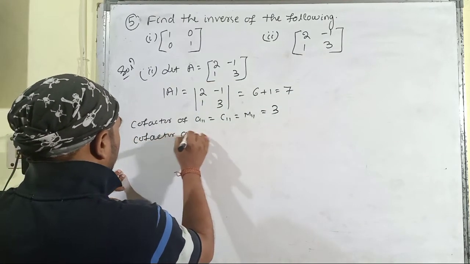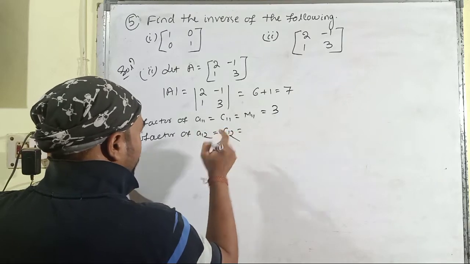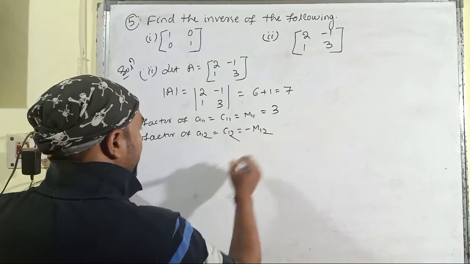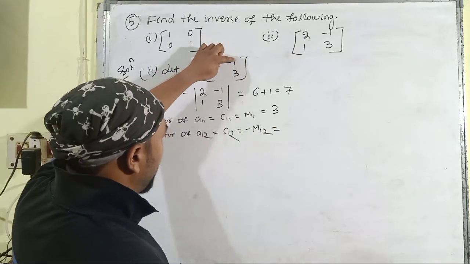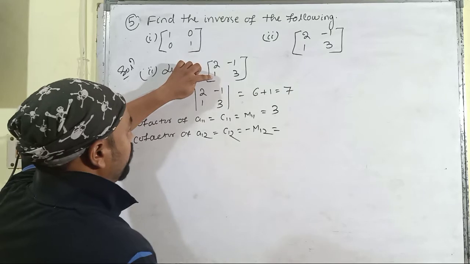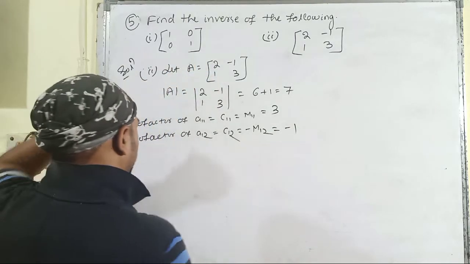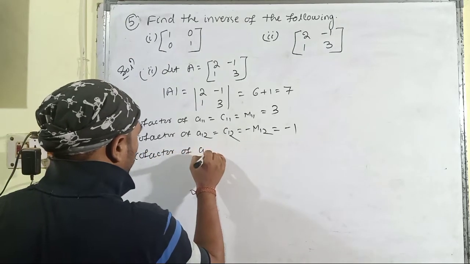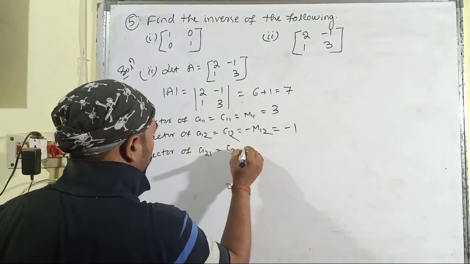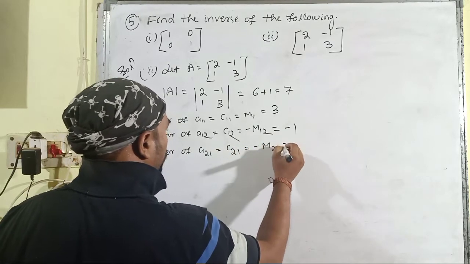Then cofactor of A12, which is equal to C12, but the value of C12 is equal to minus M12. This is the element A12. We have to go through the opposite corner value, and this is 1, so we have to write down minus 1. Then cofactor of A21, which is equal to C21, which is equal to minus M21.